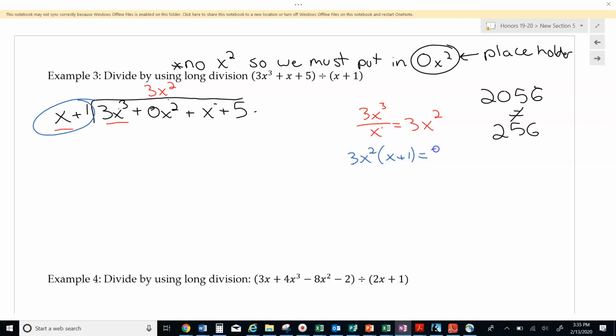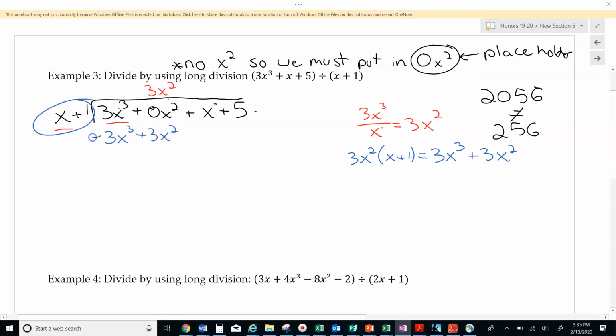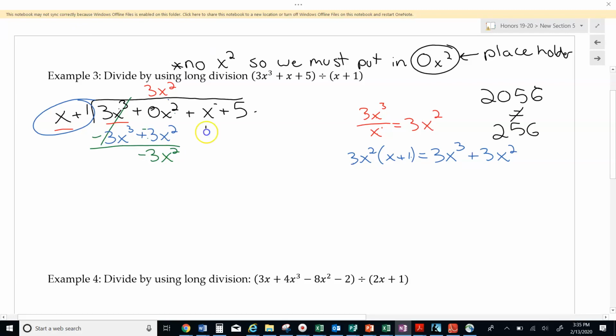Three x squared times x is 3x cubed. 3x squared times 1 is 3x squared. Subtracting means changing signs. Cancel. 0x squared minus 3x squared is negative 3x squared. Bring everything else down.